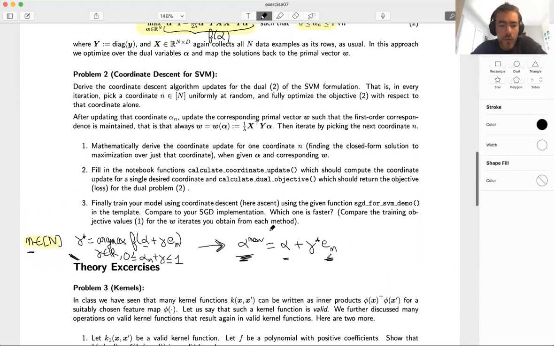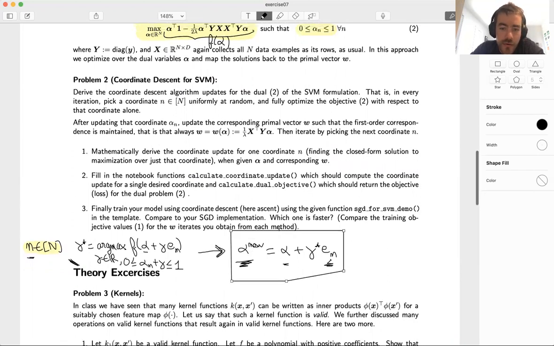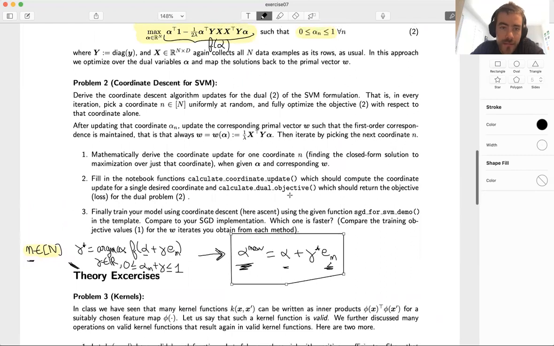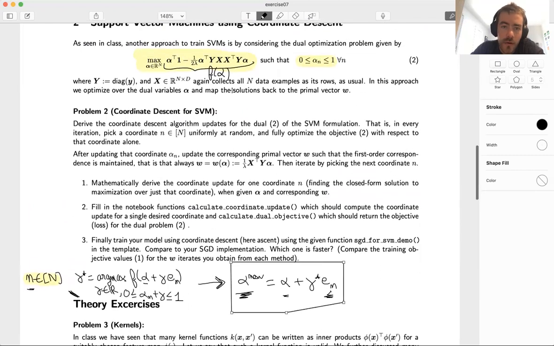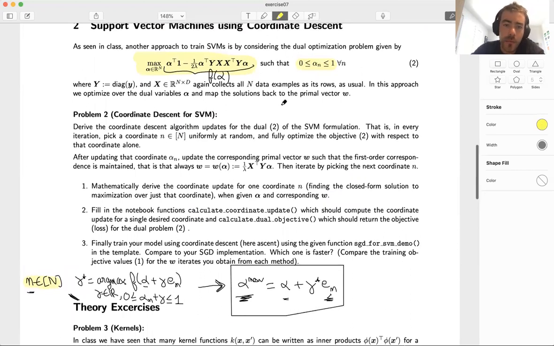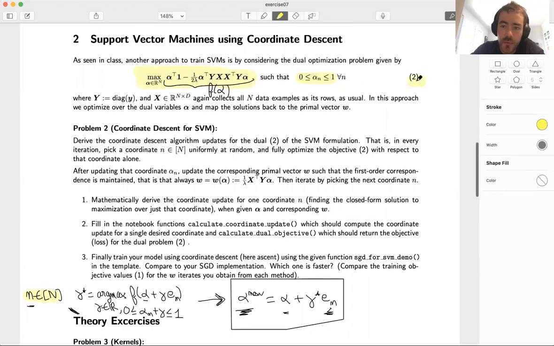Okay, so once you've answered this theoretical question, the implementation is quite straightforward, and you need to calculate the coordinate update, which is just to implement this update. Then you need to calculate the dual objective, which is same as for the primal objective, but for the dual, so for equation 2.